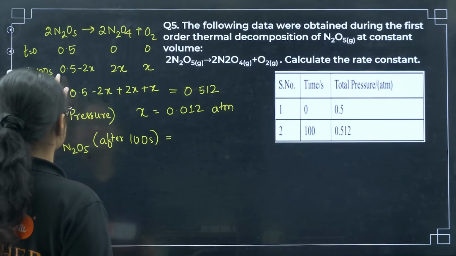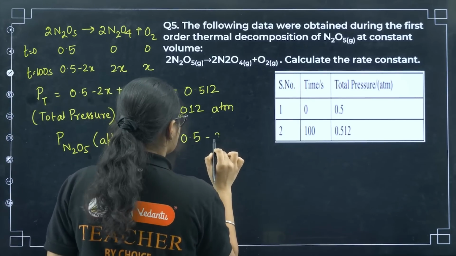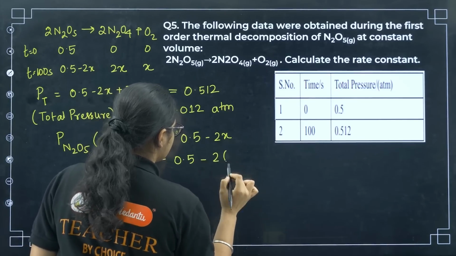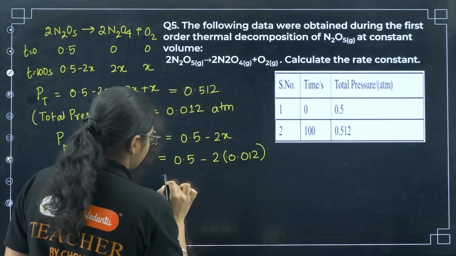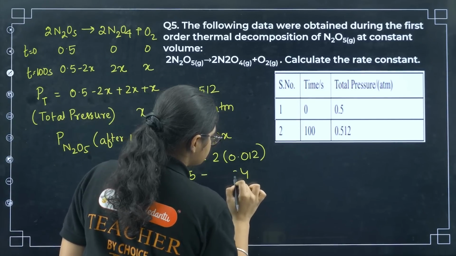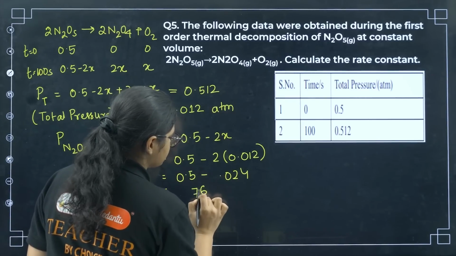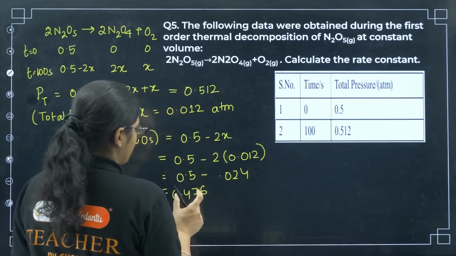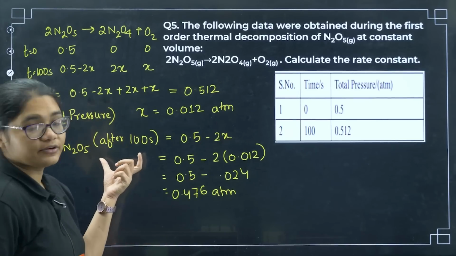So that is 0.5 minus 2x, and that is equal to 0.5 minus 2 into the x value 0.012. If I solve this, 2 2s are 4, 2 1s are 2. Yes, so now I get 0.476. So I will get this much atm as the pressure of N2O5 after 100 seconds.